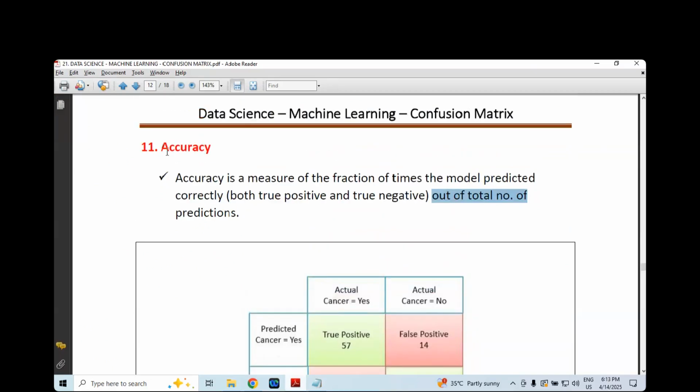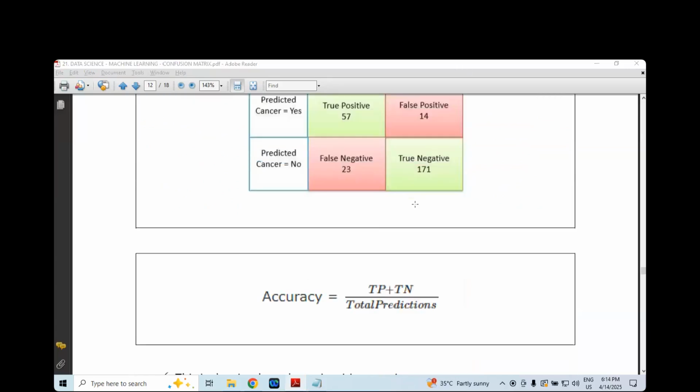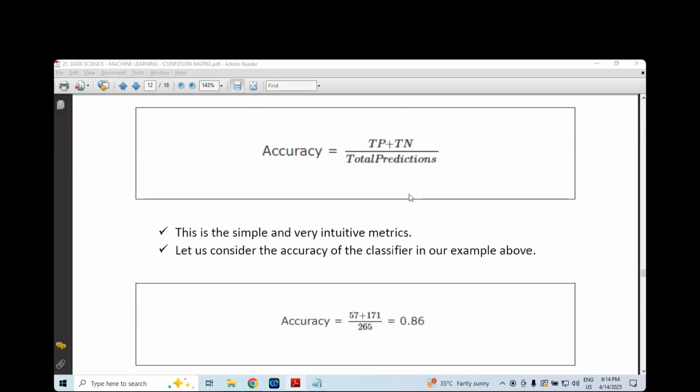Accuracy is the measure of the fraction of times that the model predicted correctly, both true positive and true negative.